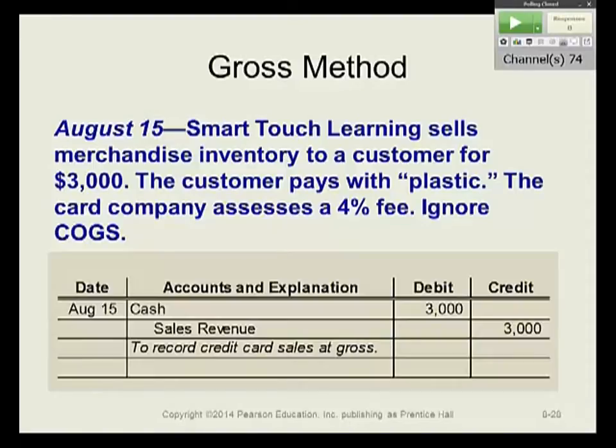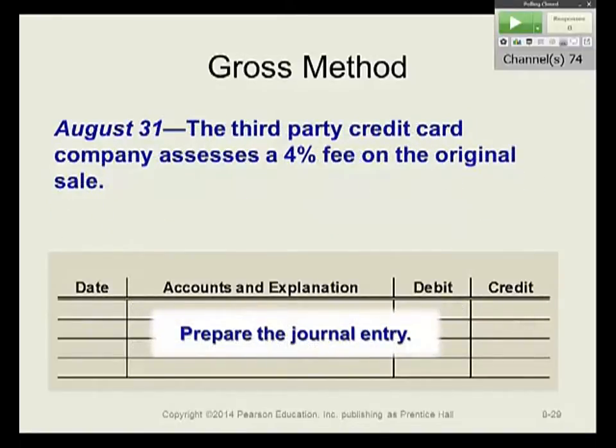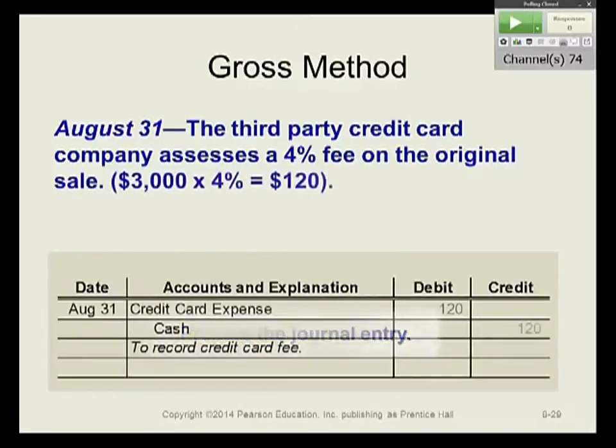And that's going to be for $3,000. Then, when I ultimately collect, let's say at the end of the month, which may be longer than typical, when the third-party credit card or debit card company actually assesses that fee, I'm now going to have a debit to credit card expense and a credit to cash.